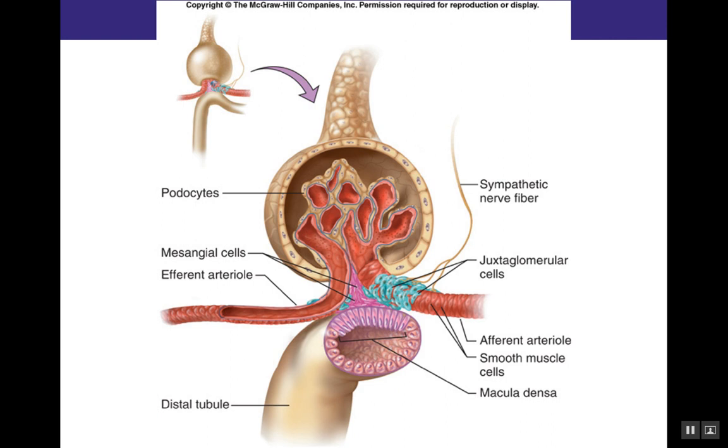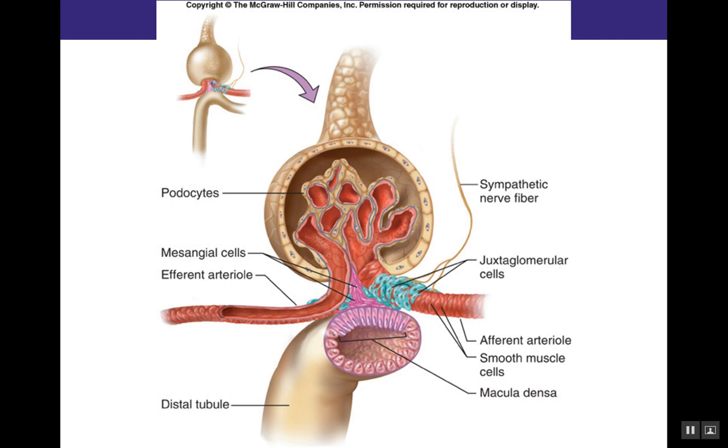Alright, so let's take a look again at the anatomy of the glomerulus. These are the glomerular capillaries right here in the center, and they're surrounded by Bowman's space and Bowman's capsule here. So this is the single unit of filtration that we've already talked about.